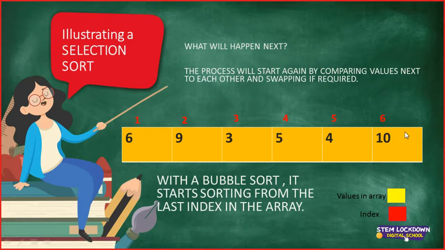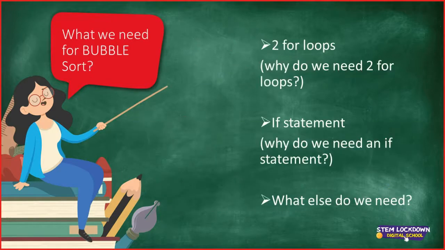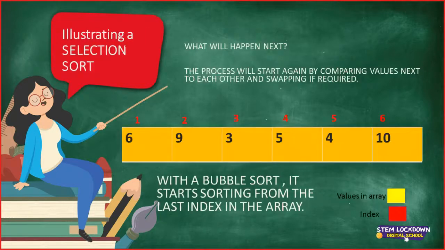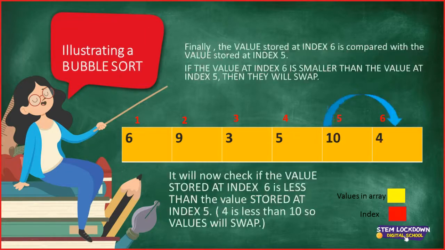That's really important. With the selection sort, it started working from the first value, whereas with the bubble sort, it starts arranging from the last index in the array, and it will obviously work its way down. So really important again. Okay, so hopefully you understood what the bubble sort was and what the selection sort was.